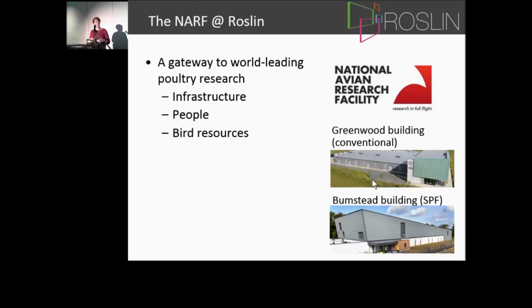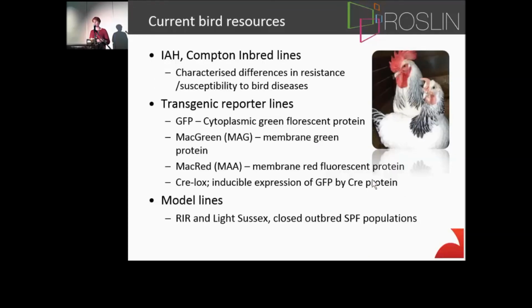And we have the bird resources. We currently house the Institute of Animal Health Compton inbred lines, which are characterized for differential resistance and susceptibility to a range of bird diseases. This is largely mediated through the MHC, but there are other genomic regions involved.